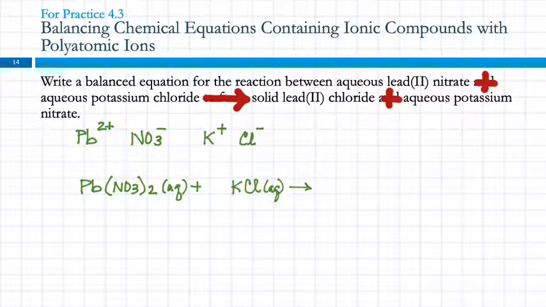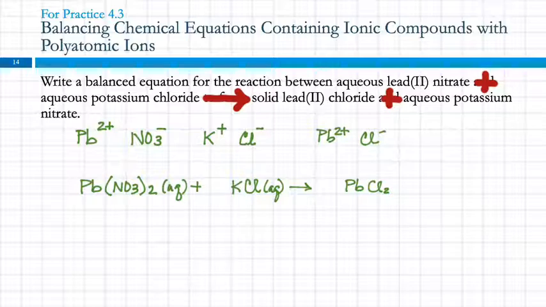On the product side, I have lead-2 and chloride. So lead-2 is still Pb 2 plus, and chloride is still Cl minus. So I need 2 chlorides. This is not a polyatomic ion, it's just an atom with a charge. And so when I need 2 of them, I can just put a 2 here.